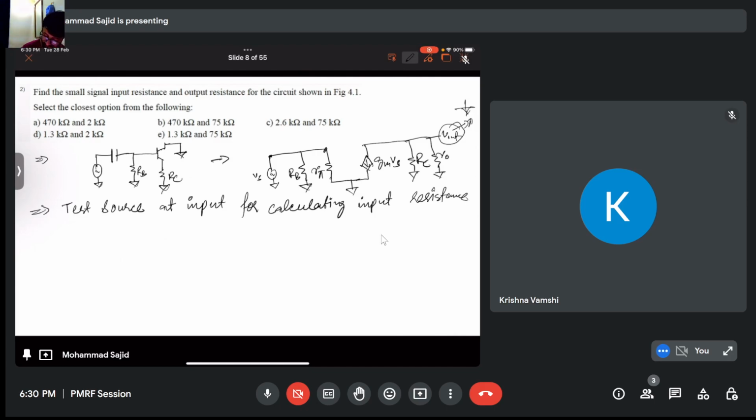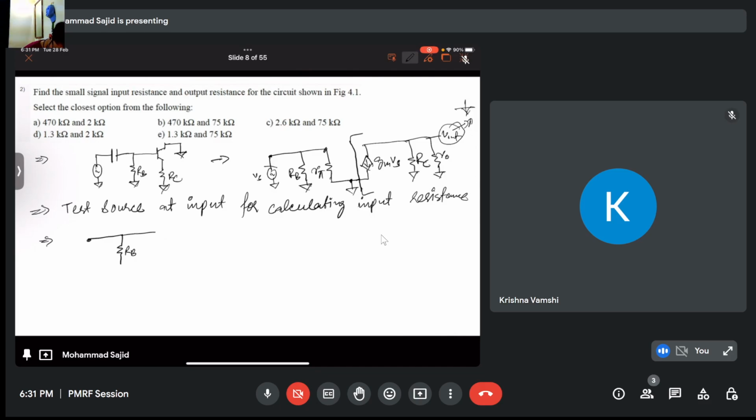So what will we do here? Since it is grounded here, we can ignore this part. Let's just focus on this part and ignore the supply as well. Just write these nodes.